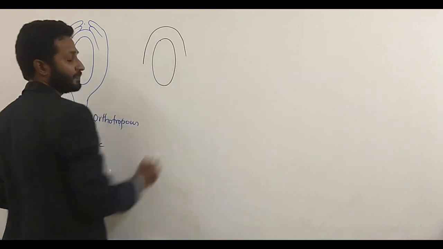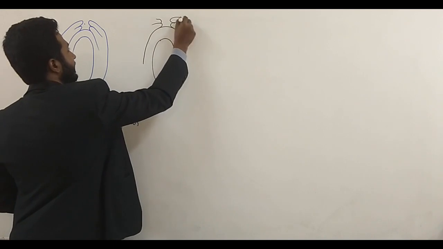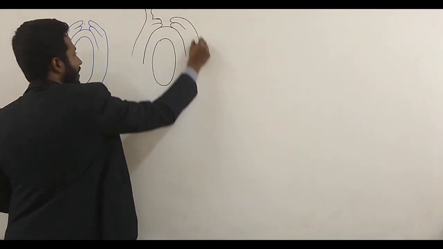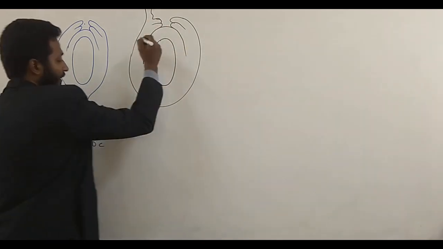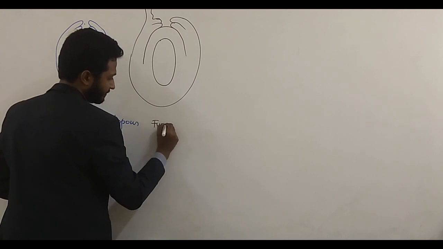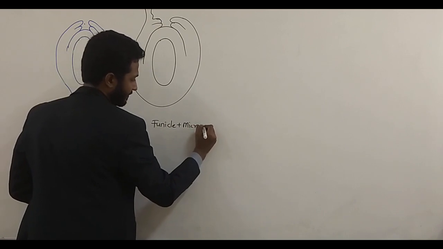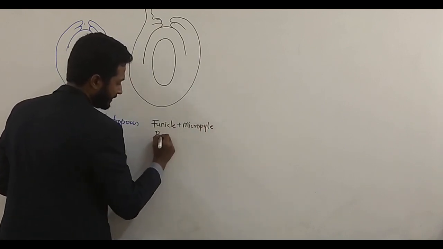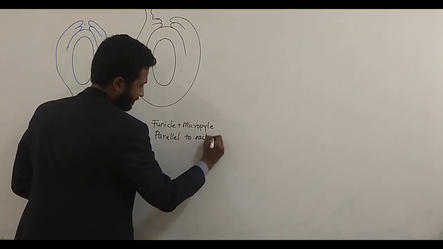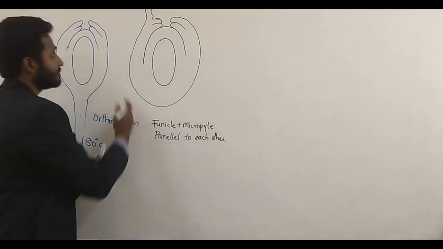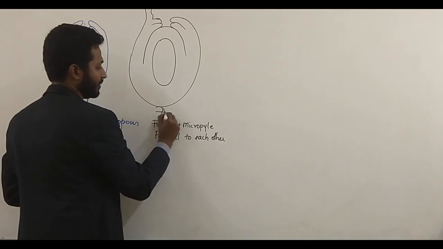The one we drew for boards was the anatropous ovule, wherein you had an embryo sac which was surrounded by nucellus. This nucellus had integuments, and if you remember, the funicle was lying parallel to the micropylar end. So when you have the funicle and micropyle lying parallel to each other, this type of image is going to be known as an anatropous ovule.